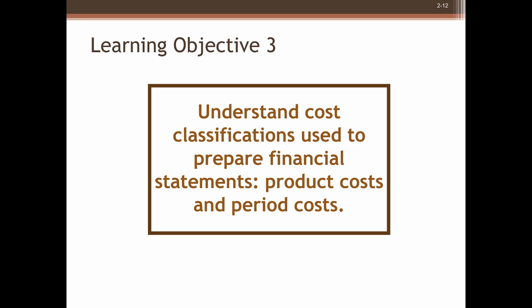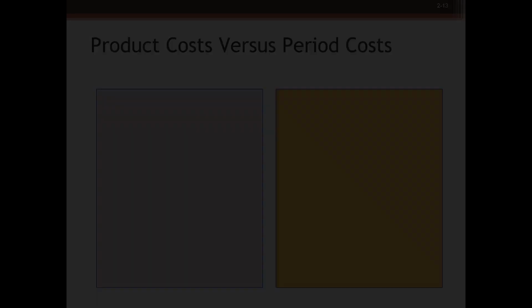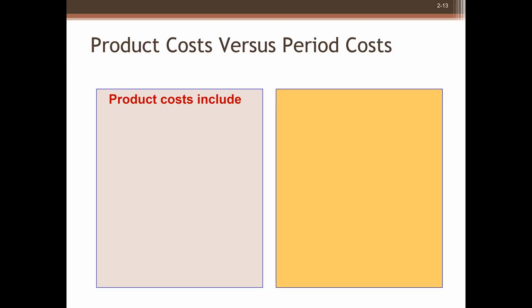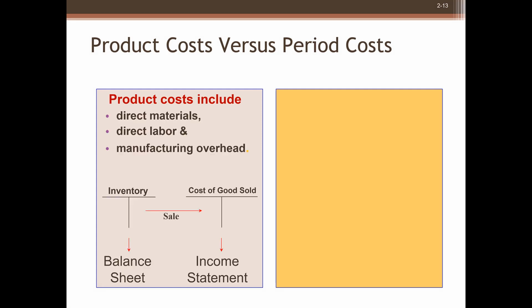Moving on, let's take a look at learning objective 3. For the purpose of preparing financial statements, we can classify costs as product costs and period costs. Product costs include all the costs which are involved in making the product. Product costs include direct materials, direct labor, and manufacturing overhead.